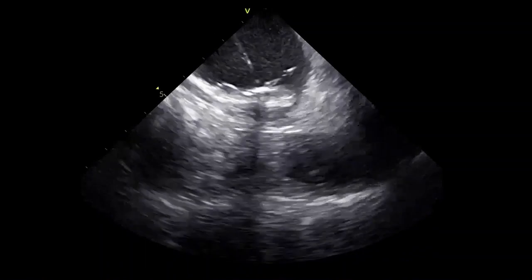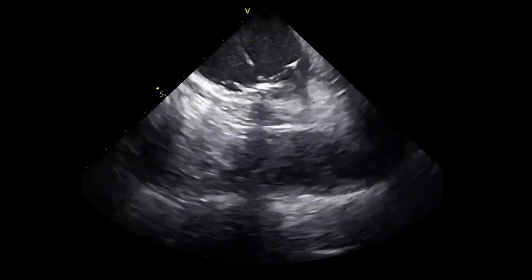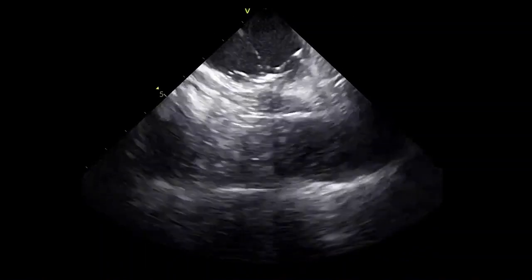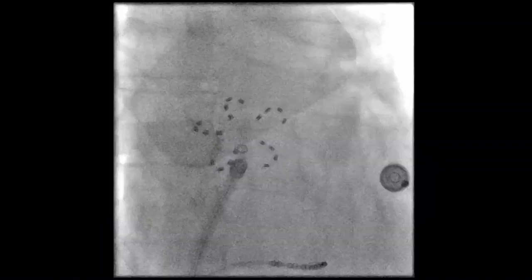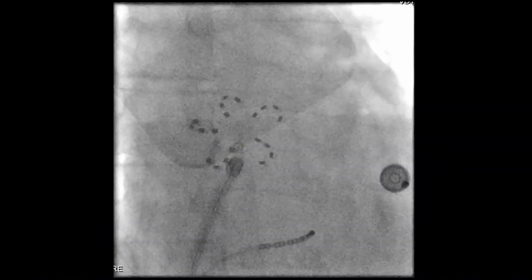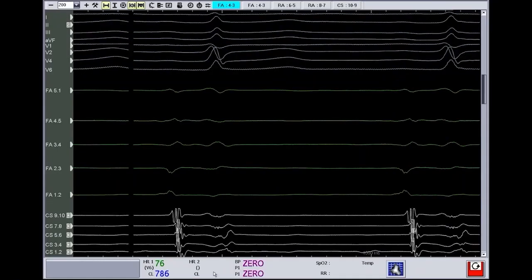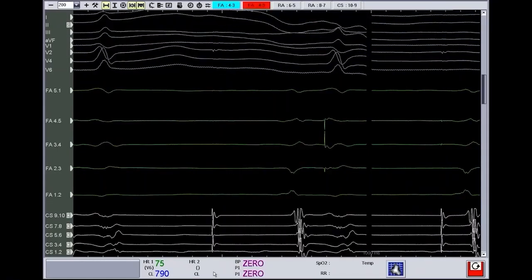Finally, the catheter in flower position is steered towards posterior wall and absence of electrograms and exit block are confirmed.